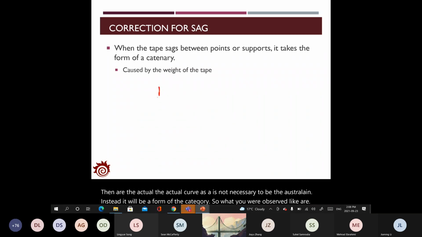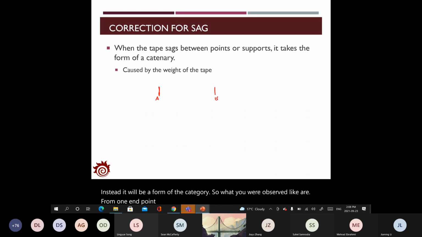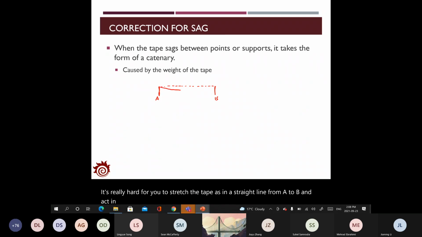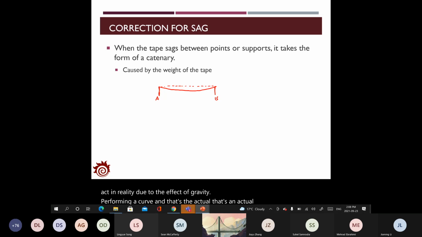What you will observe is that from one end, point A, to point B, it's really hard for you to stretch the tape as a straight line from A to B. In reality, due to the effect of gravity, it will form a curve, and that's the actual tape you will place between these two ends.